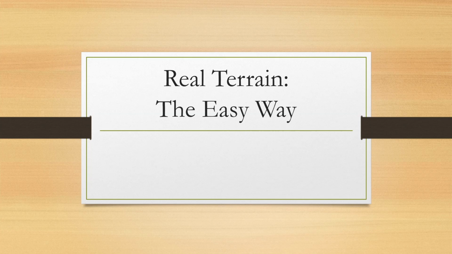So, speaking of easy, this is real terrain, the easy way. There are more complicated ways of doing terrain with LiDAR data and being way more accurate than this. But unless you're really, really going to be picky about it, like super picky, I'm talking about accurate terrain, I would suggest finding lessons on doing LiDAR data, which is much more complicated than this.